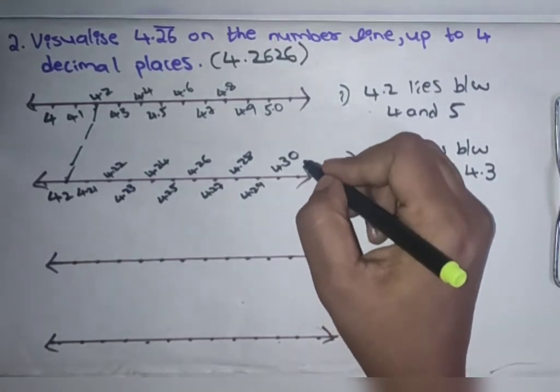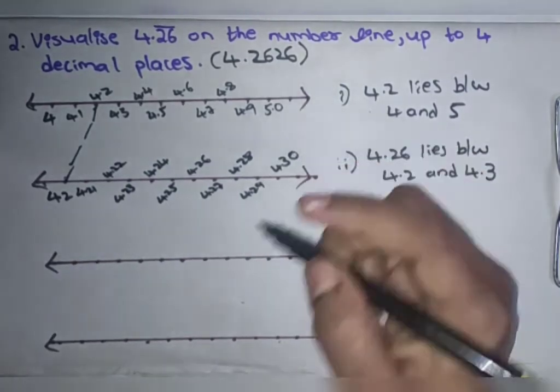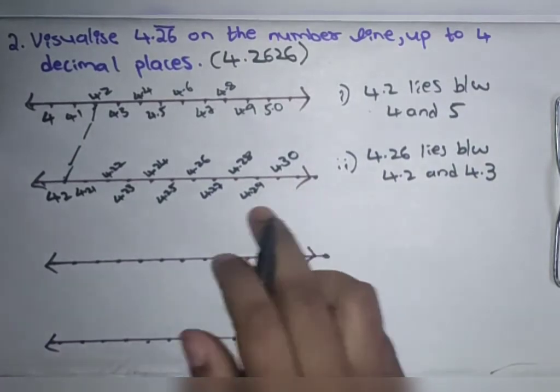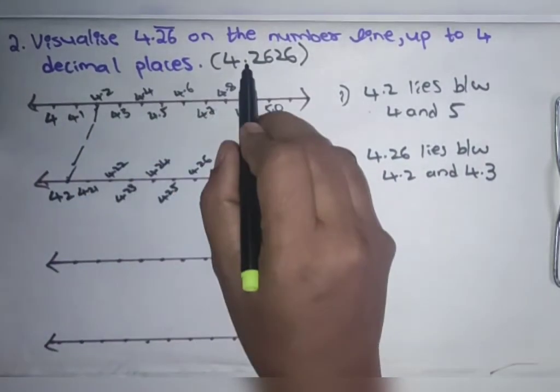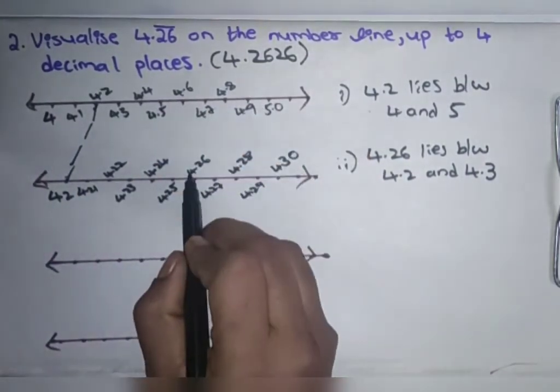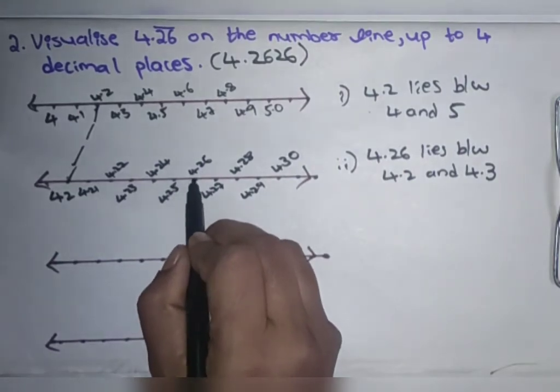In decimals, 0 does not have value. Next, see, here you have 4.26.